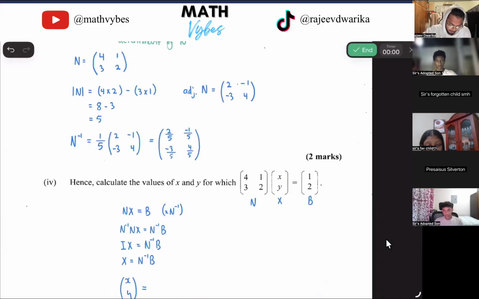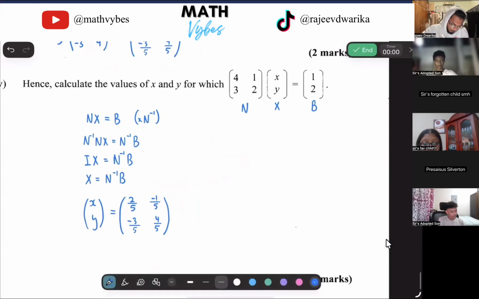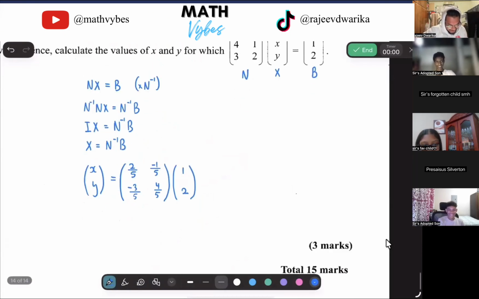So we have n inverse. And what is matrix B? 1, 2.